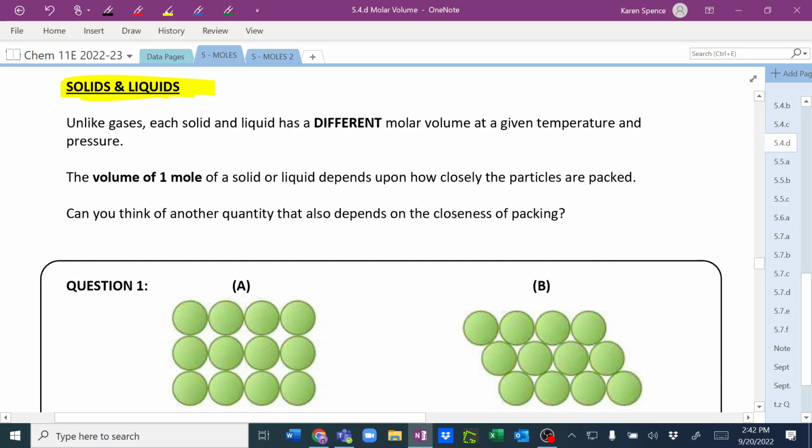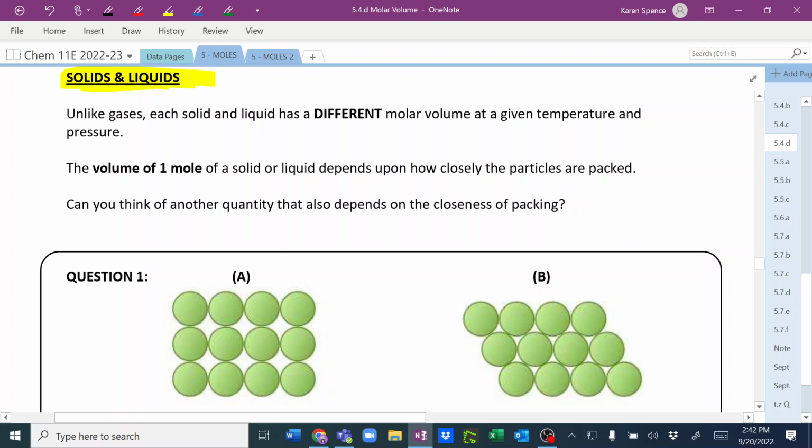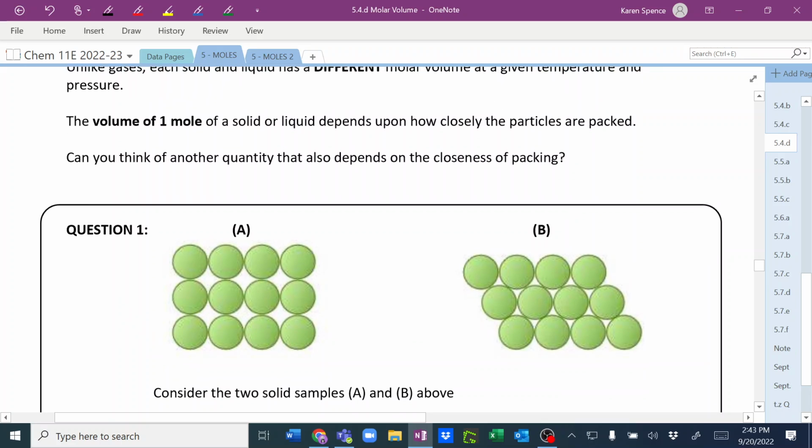Okay, and you're not going to know that until you take first year university, because it's not part of the AP curriculum. Okay, but particles, for example, could be packed like they are in A, where all the little atoms are stacked one on top of the other. Okay, this would be a 3-dimensional structure, but we're representing it in 2D. Or they could be packed like they are in B, where they're sort of fitting in those little gaps.